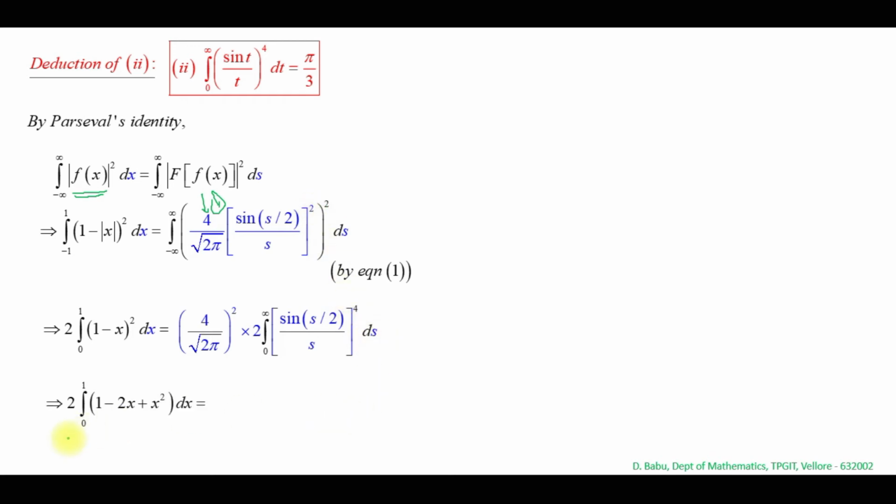So this implies 2 into 0 to 1, a minus b whole square formula, a square minus 2ab plus b square into dx. So 4 square is 16, square root of 2 pi whole square is 2 pi, and 2 get cancelled, which is 8 by pi, 0 to infinity sin s by 2 divided by s whole power 4 into ds.